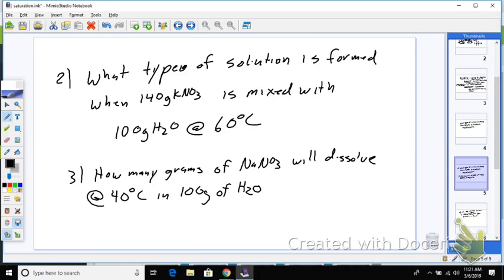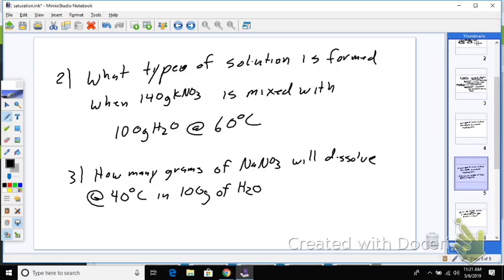You're assuming, if you say that it's supersaturated, that all of it is dissolved. Does it say that all of it dissolved? No, it just said I put 140 grams in. So what kind of solution is it then? Saturated. Does that make sense? We don't know if it will be. Right, it doesn't say, it just says it mixed. It doesn't say anything but just mix the two. So there's some solid left over at the bottom probably.